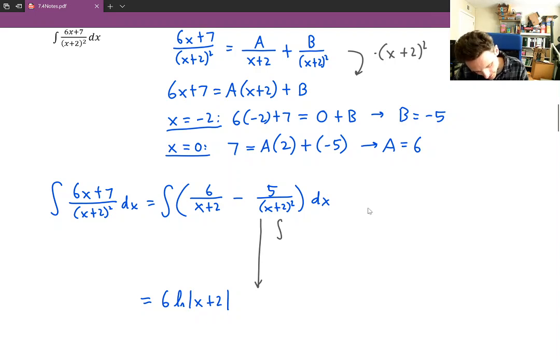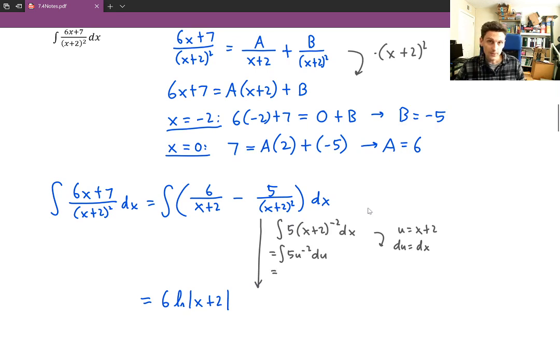So we're focusing on the integral of 5 over x plus 2 squared. And I'm actually just going to write down 5 times x plus 2 to the -2. Because then when we let u equal x plus 2, the du is just dx. And the integral turns into 5u to the -2 du.